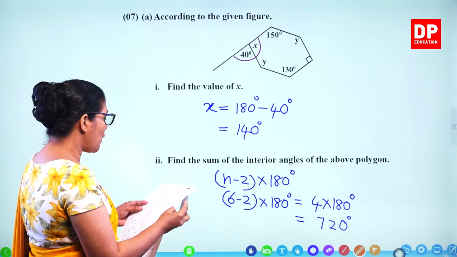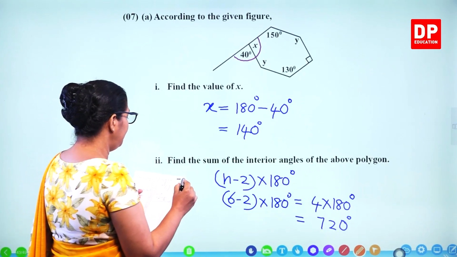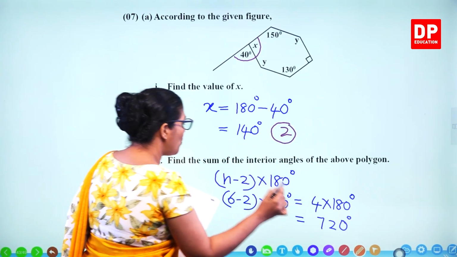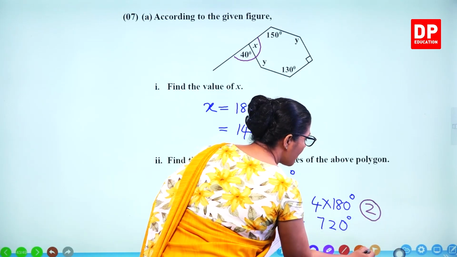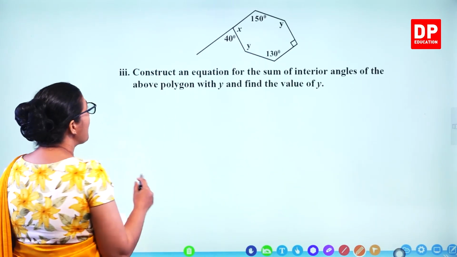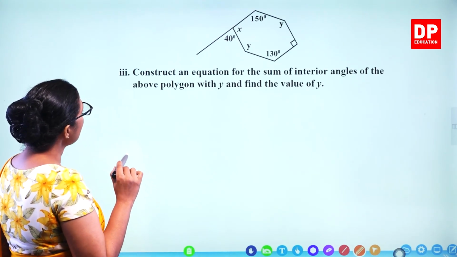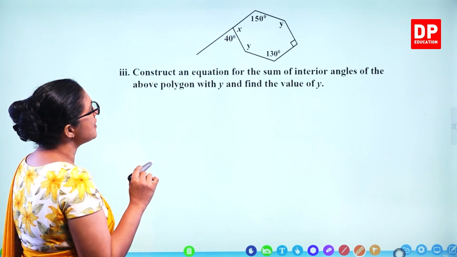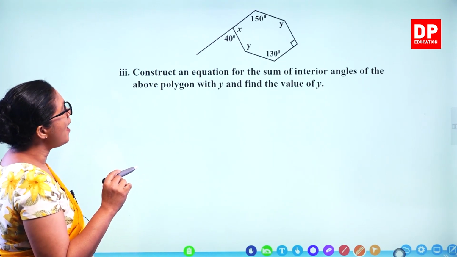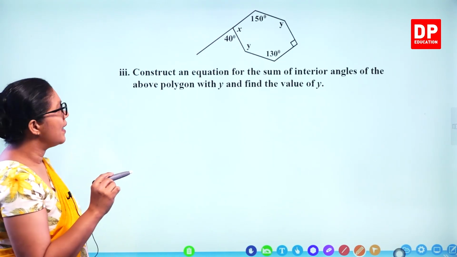So how many marks for that? 2 marks for this step, and you get 2 marks for finding 720 degrees. And the third one, construct an equation for the sum of interior angles of the above polygon with y and find the value of y.